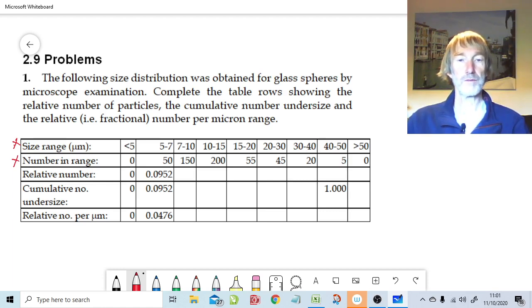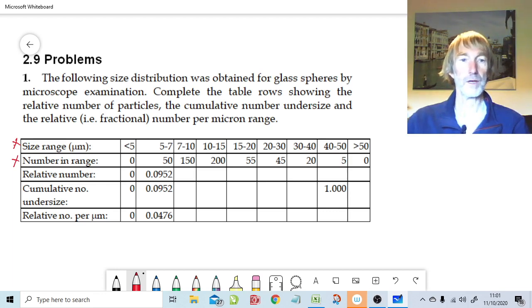Between 5 and 7 microns, 50 particles, 7 to 10 microns, 150 particles, 10 to 15, 200, etc., until we get up to the larger than 50 micron range, when again we're back to no particles. So here are our two lines of data. That's a particle size range and then the number of particles in that particle size range.